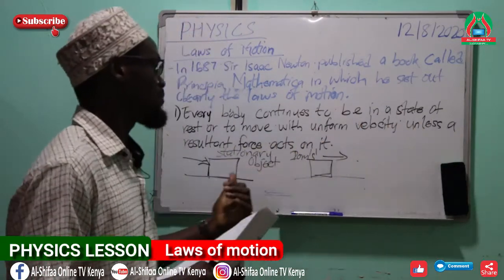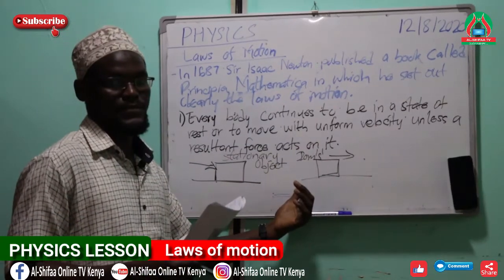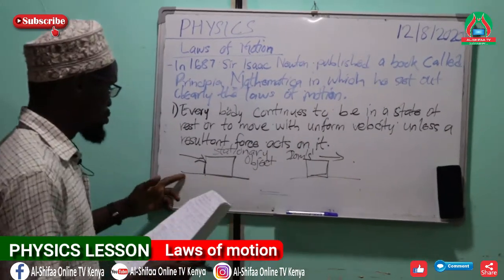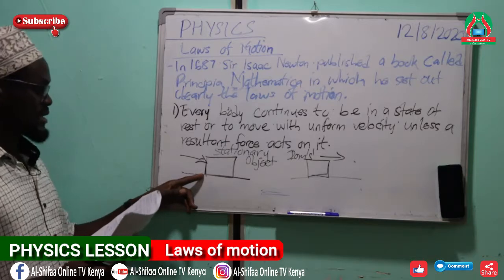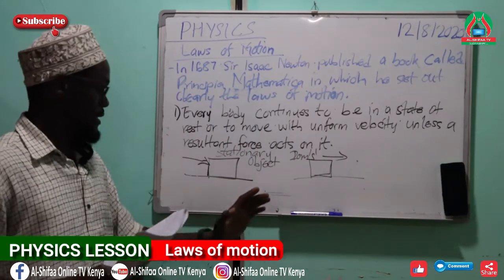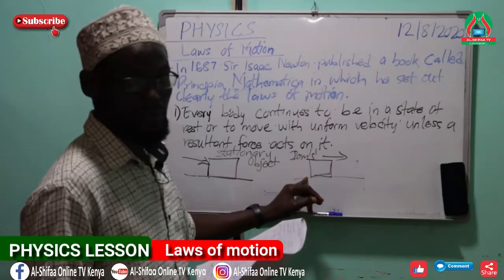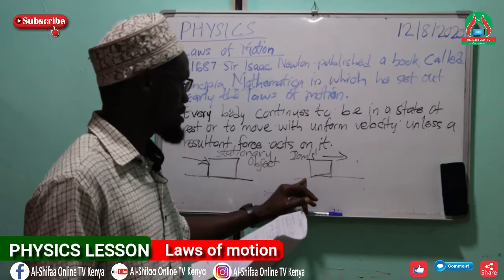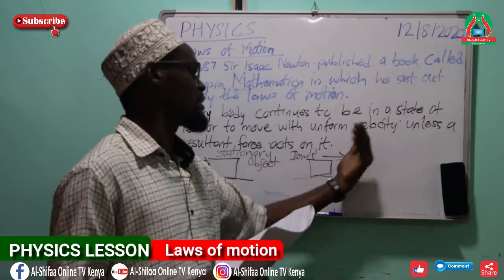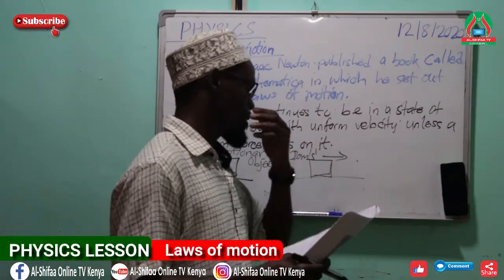So for the body to move, there must be a resultant force to make it move, and for a body in motion, there must be a resultant force which will make it stop.